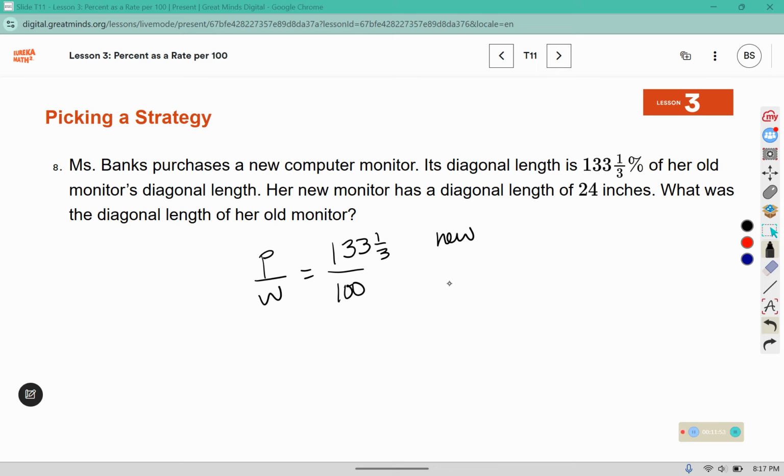And her old would be on the bottom. Her new monitor has a diagonal of 24 inches, so that's the new. What is the diagonal length of her old monitor? The old goes on the bottom.